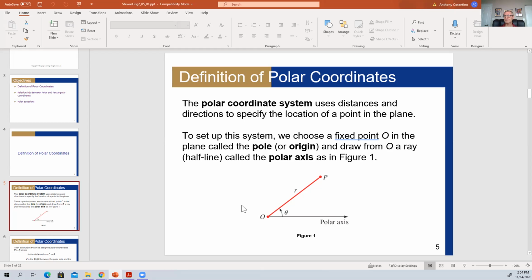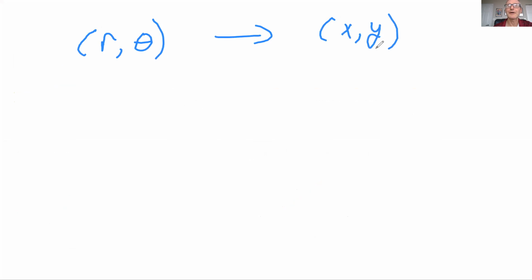And so we talk about this idea of point P. So it's going to be defined by two numbers. And so when we pull up the whiteboard, let's see here, we're going to define it as two numbers. And again, it's defined as r and theta, just like, analogously, we defined Cartesian coordinates of x and y.